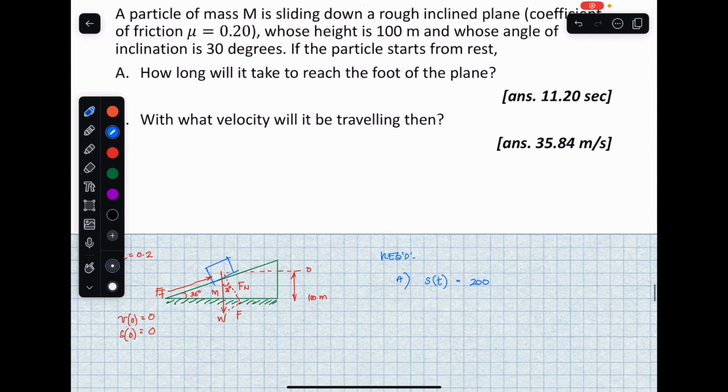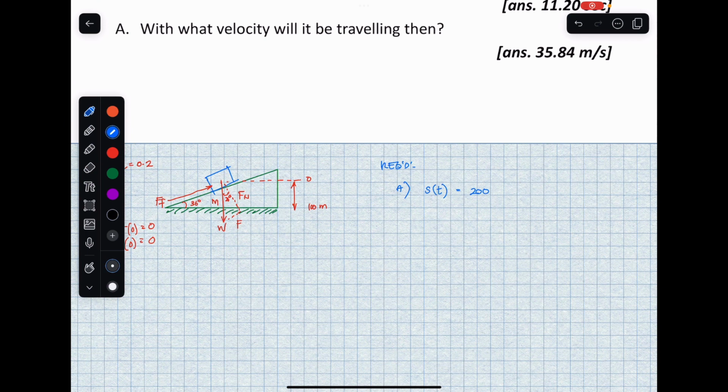So how do we reach the foot of the plane? If this is 100, let's say it started at this point, and this is 30 degrees, therefore sine 30 degrees, this is our S. So sine 30 degrees is 100 over S. So S would be 100 over sine 30, and sine 30 degrees is 1/2.